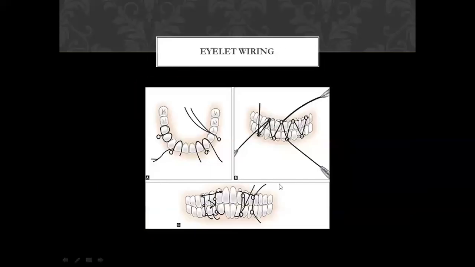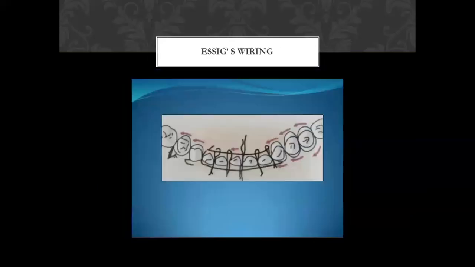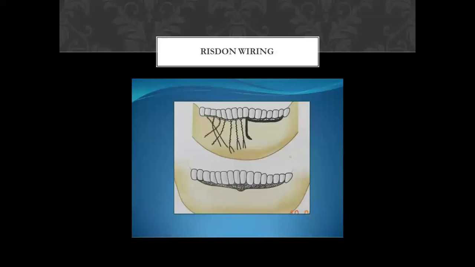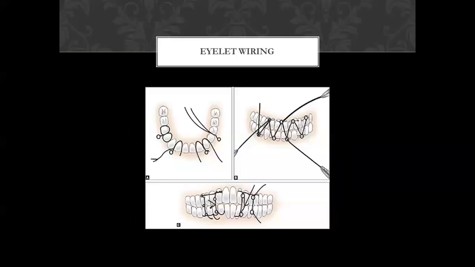So just remember, I have told you there are wirings, SIG wiring. Most important point is that a sufficient amount of teeth should be present on either side of the fracture line, and it is used for fixation of dentoalveolar fracture. Direct interdental wiring is most commonly used for IMF. Complication is extrusion of the teeth. Risdon wiring can be used as a substitute for the arch bar.